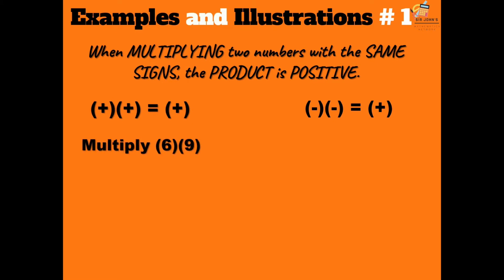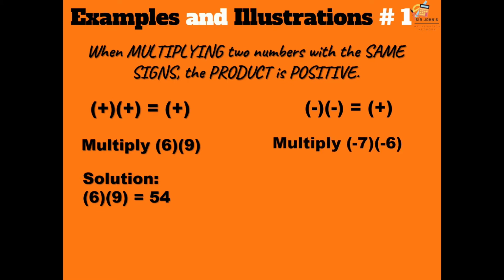Example, multiply 6 times 9. Kung mapapansin nyo, parehas positive ang 6 saka 9. So the solution is 6 times 9 is equal to positive 54. Another one, we have multiply negative 7 times negative 6. So kung mapapansin nyo, parehas negative yung numbers.